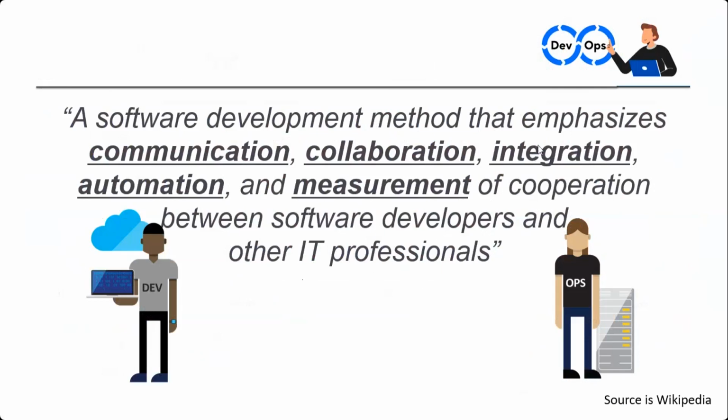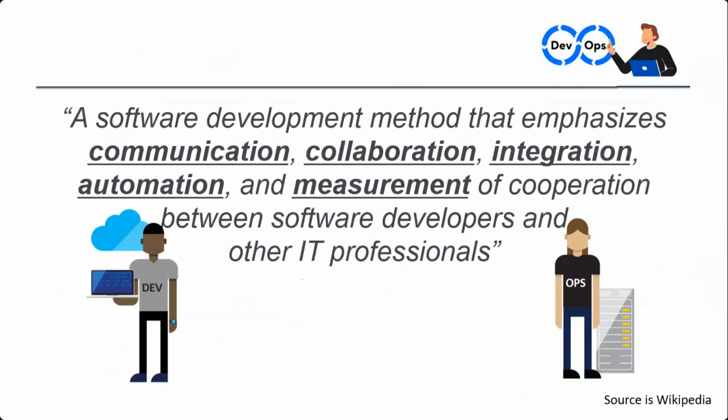And in terms of integration, as a developer in a team, you write code and use the tools to automatically run tests to ensure that new features do not break existing functionality.